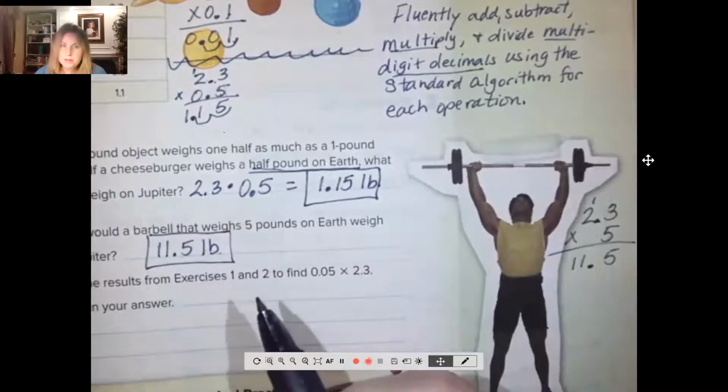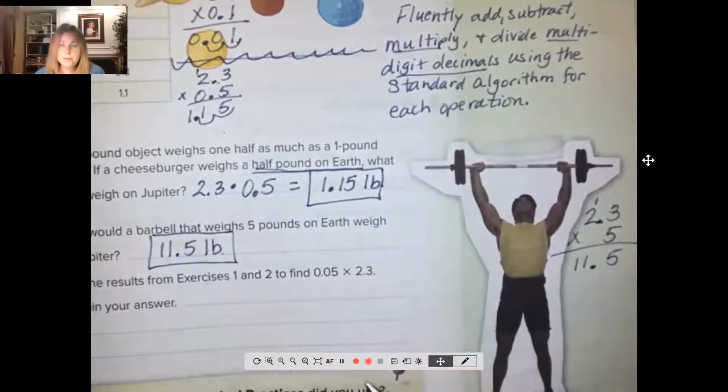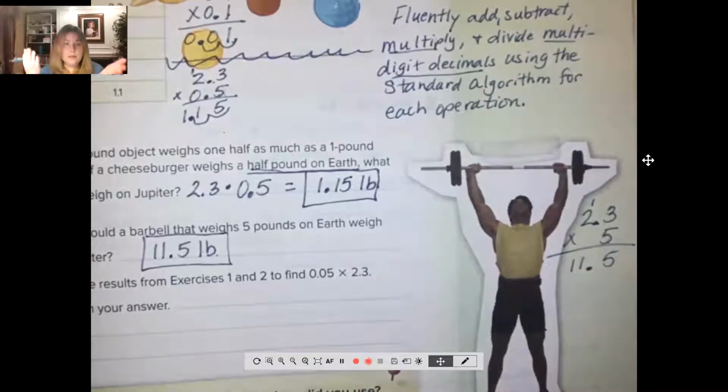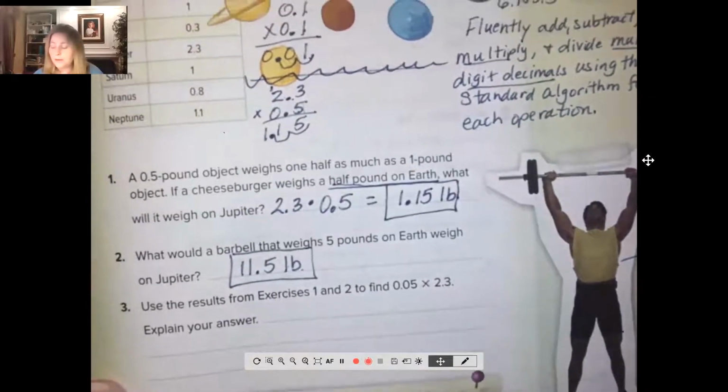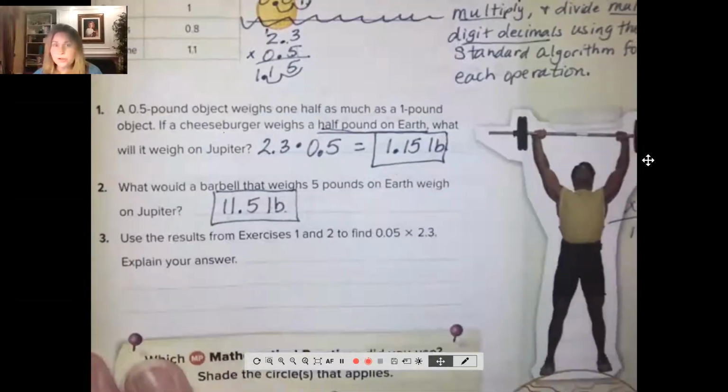And LB is the abbreviation for pounds. It's Latin, I believe, for libra, which is like those scales. If you think of the old-fashioned scales for weighing things, that was called a libra. It's also an astrological sign.